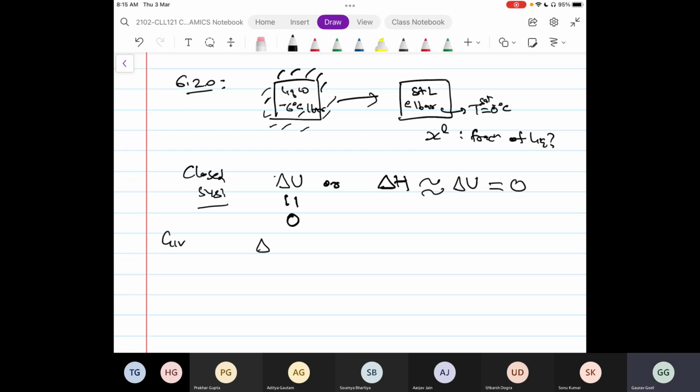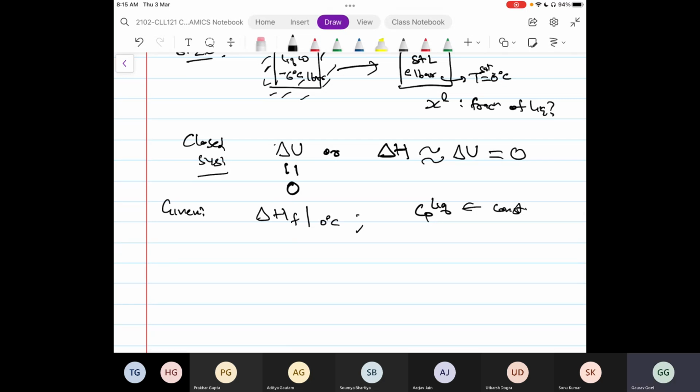Now, what is given to you? Enthalpy of fusion is given to you at 0 degrees Celsius. Specific heat of the liquid is given to you, and they are saying take it as constant for the entire temperature range. So this bit of information would tell me what path I need to take. So what path should I take?